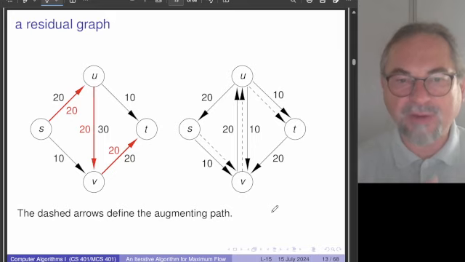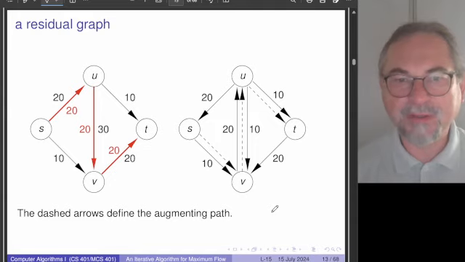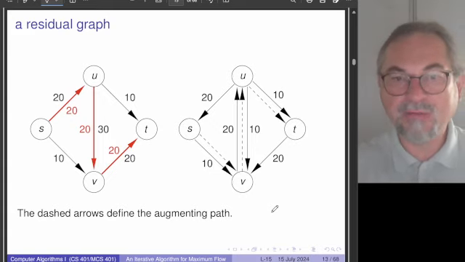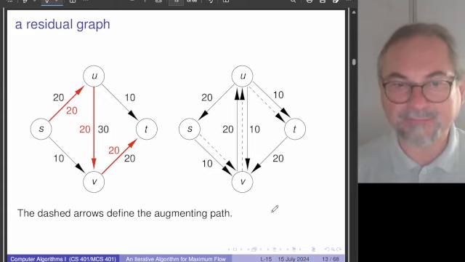Now, if we are looking for a path from source to sink, then you see that we are kind of forced to go from the source to V, and then we cannot go from V directly to the sink. We have to go via U to the sink.